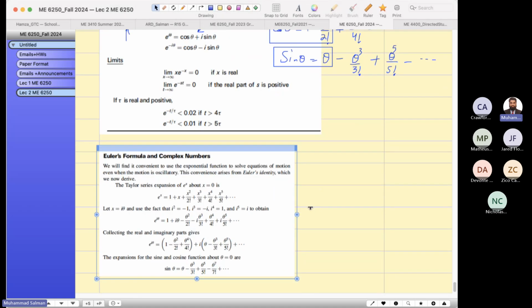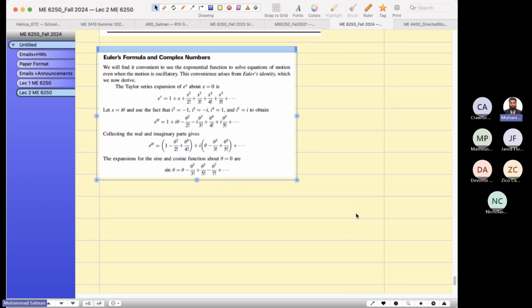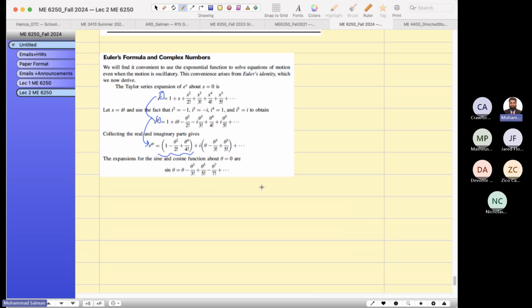When you go home, you just read the theory: from the Taylor series, I have used the Euler identity in place of x. Taylor series says any variable power x, like e to the j theta, you can find from here, and all the real terms are the cosine theta. All the imaginary terms are the sine theta.